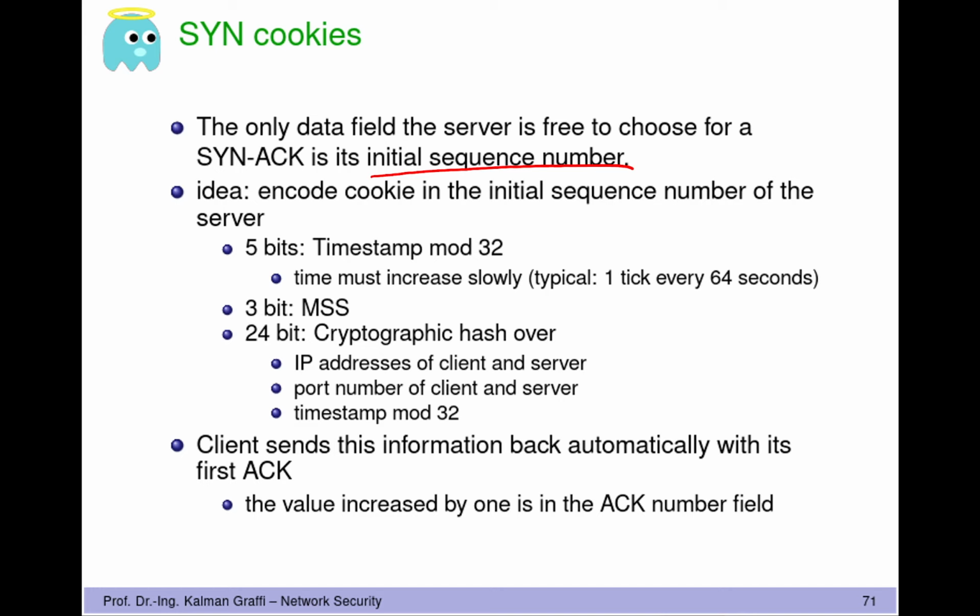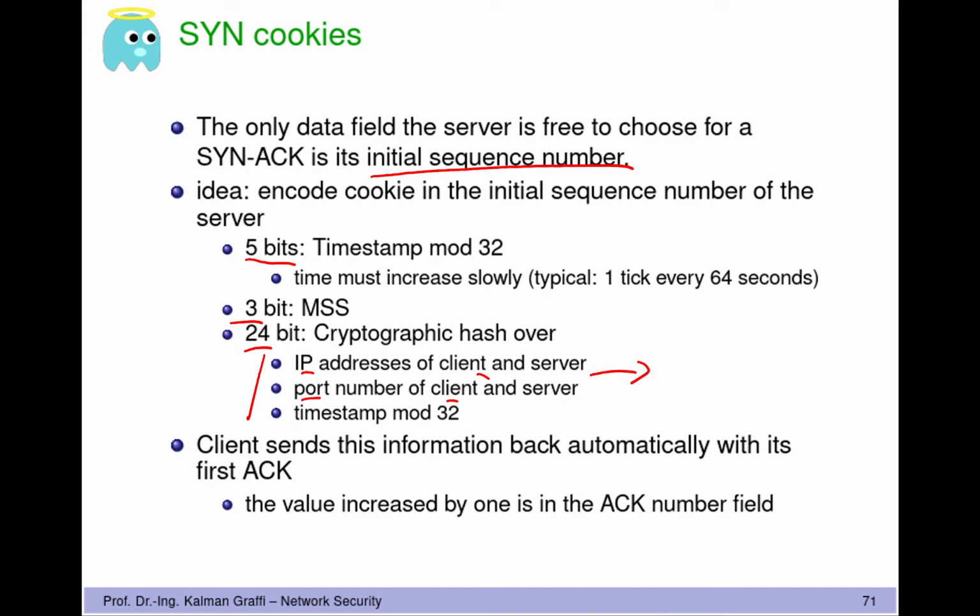So what we do is that we put in some kind of timestamp, that we put in the maximum segment size, and we put in some cryptographic hash over the other information. So IP address, port numbers, and so on. Because the IP address and port numbers we will also get when they reply to us.